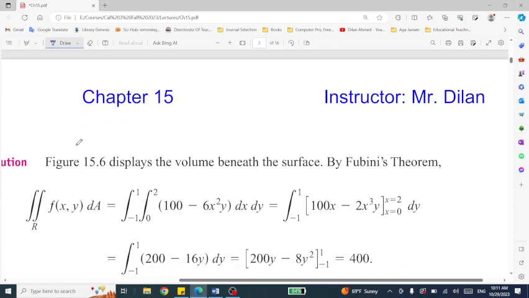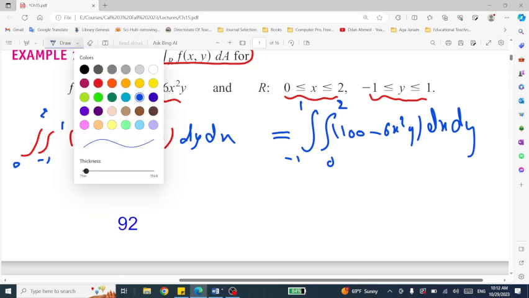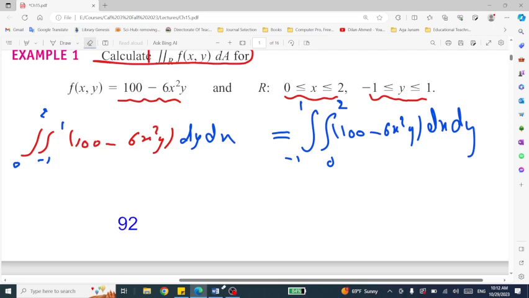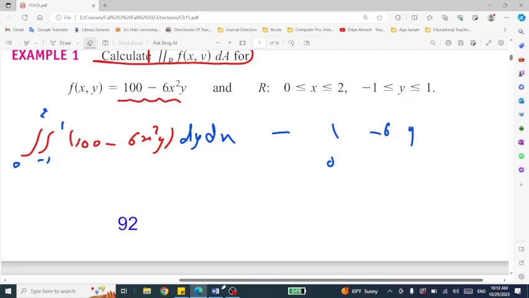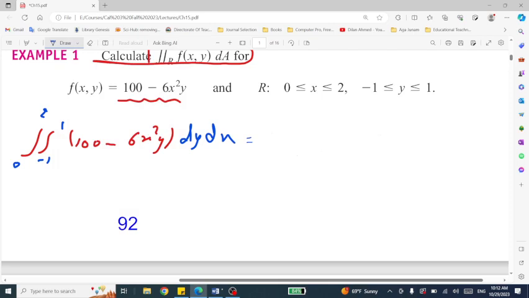So you can see from here how we solve them. Maybe that's a question. Let me find the first part. I say it equals, from 0 to 2, so I am going to make dx outside of the box.